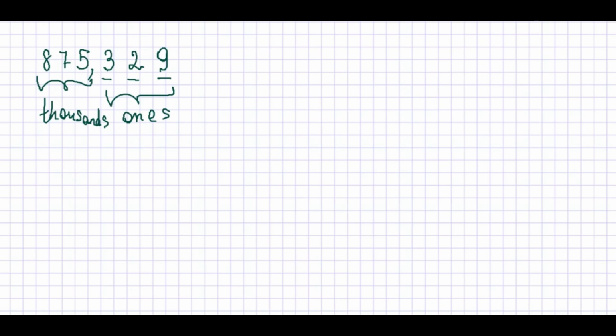We have thousands period with 3 digits again. So we are reading a number as 875,000. So at the end of the period, we need to say the period's name. Then 329, just 329. Actually, if we say 329 once, it's also correct. Let us write this number.